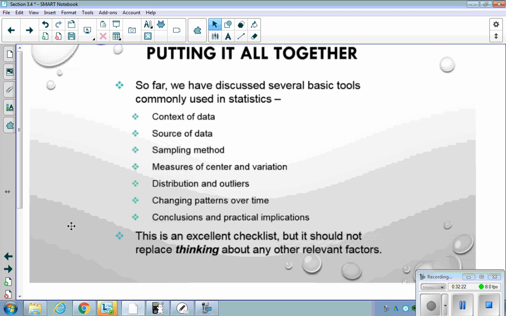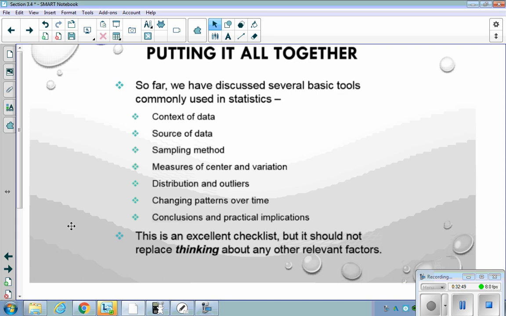So we covered a whole lot about data. Just for a summary slide here, because, you know, at the end of this is our ending point. That will be our tests, chapters 1, 2, and 3. We've talked about the context of data. In other words, where do we come from? Is it that important? The source.